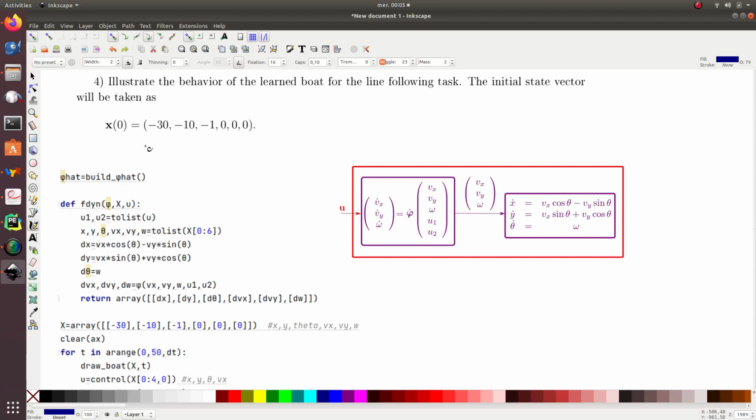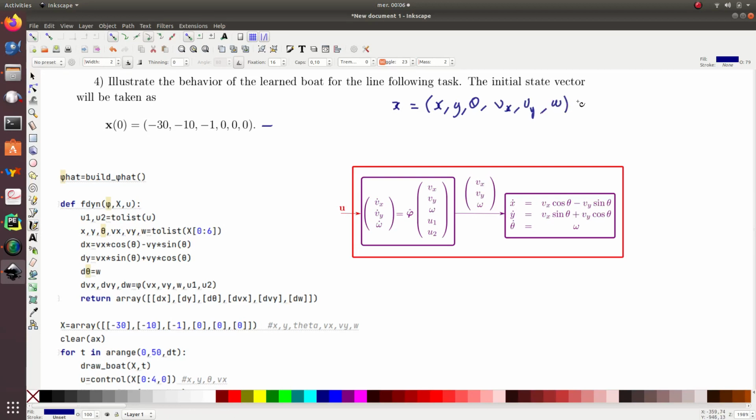Question number 4. Illustrate the behavior of the learned boat for the line following task with our controller, of course. And the initial state vector is given by this. Let me recall that the state vector x corresponds to x, y, theta, and also vx, vy, and omega.